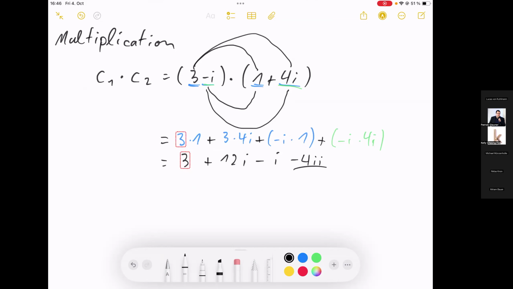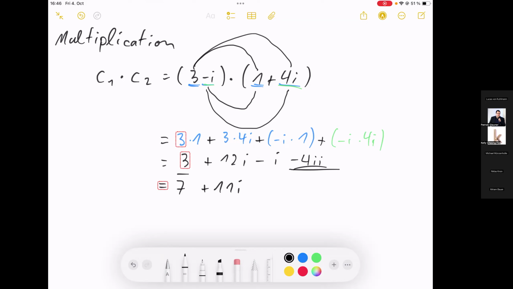So eventually we have 3 plus 4, which is 7, and 12i minus i is 11i. So we had the right suggestion here in the chat. There was just a typo by that student.